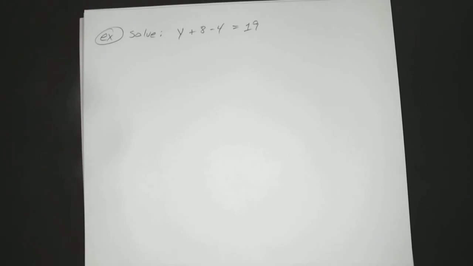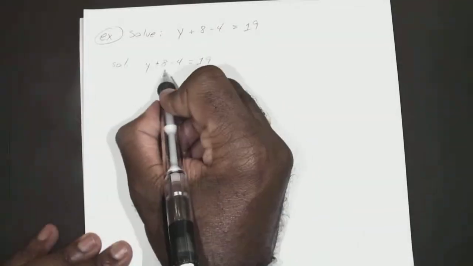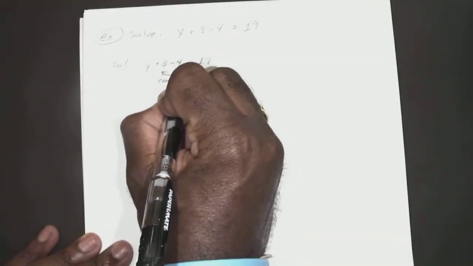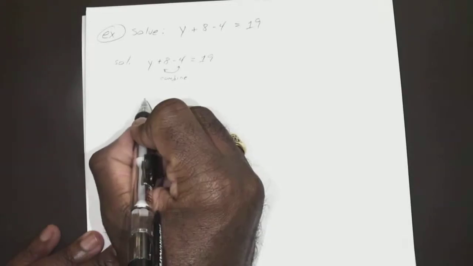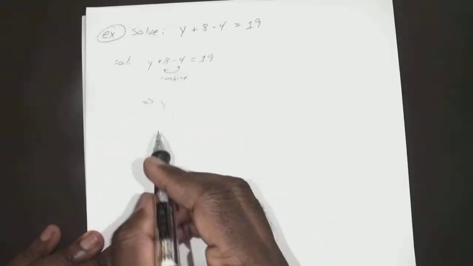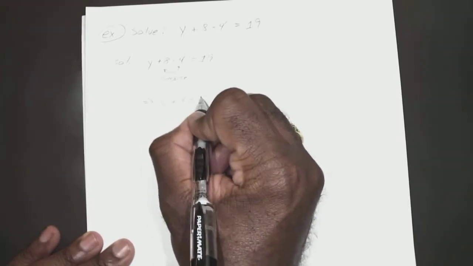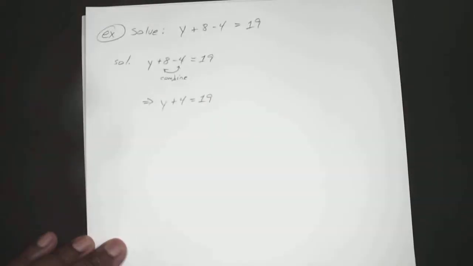So with this one, the first thing you want to do is simplify any terms you can combine. So y plus 8 minus 4 equals 19. You just combine those two, which gives you y, because 8 minus 4 is 4, plus 4 equals 19.